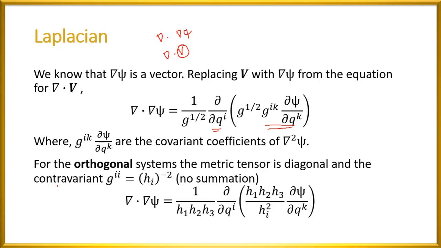In an orthogonal system, we know that the metric tensor is diagonal and its diagonal elements are the h parameters. Therefore, this root g can be replaced by h1, h2, h3, and we can write this in this format. And you can see that this will give you a scalar.